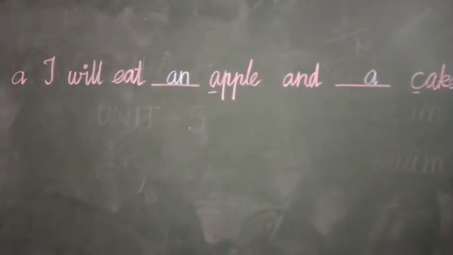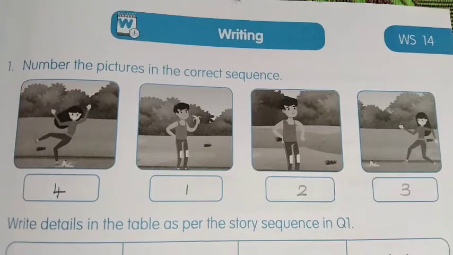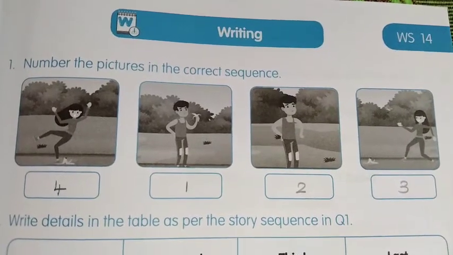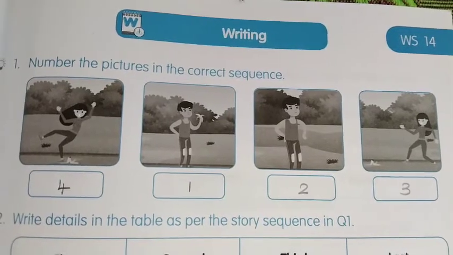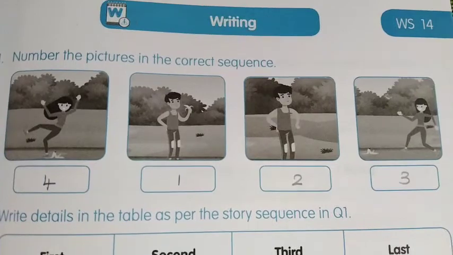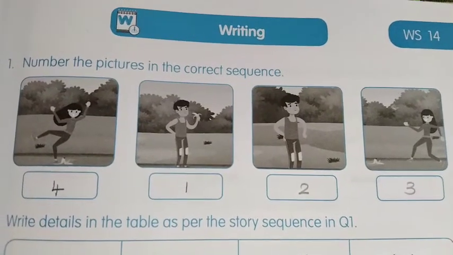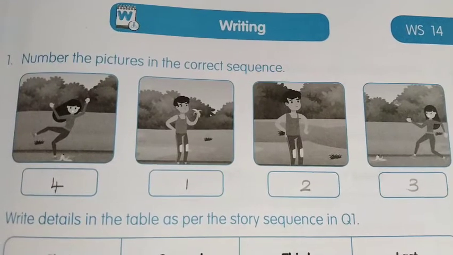Second question. Now I want all of you to open your worksheet 14. The page number is 19. I start countdown, 3, 2, 1, 0. Yes. And then keep ready with your notebook.